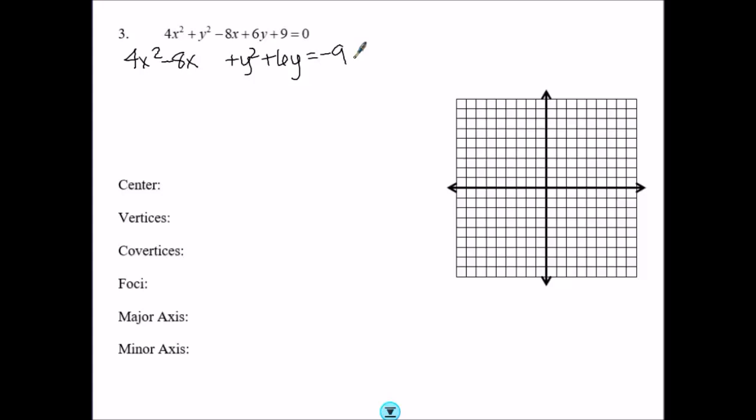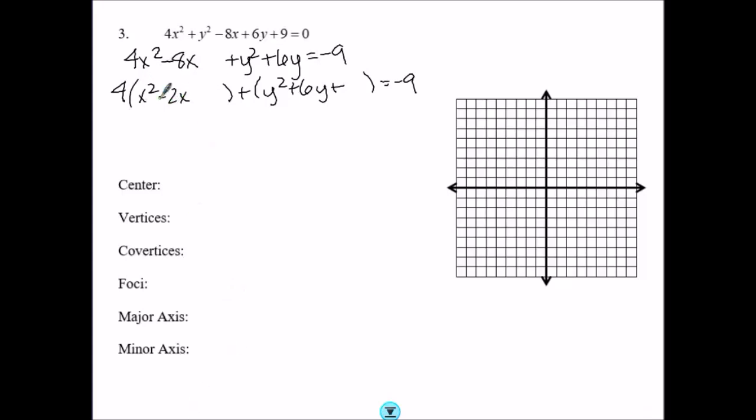Now, before we can complete the square, if there is a GCF, we need to factor it out. So for the x terms, I need to factor out a 4. For the y terms, there is no common factor to pull out. Then I can go ahead and complete the square.